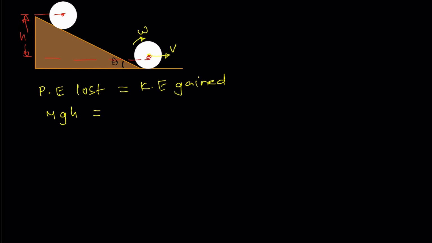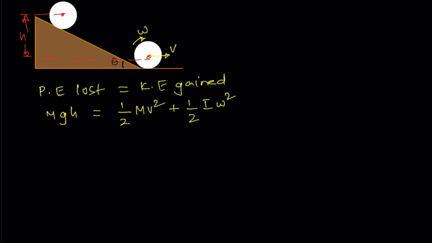What is the gain in kinetic energy? Here you have to be careful. We have two kinds of kinetic energies: translational kinetic energy, which is half mv square, and rotational kinetic energy, which is half I omega square. Here I is about the center of mass axis, so the axis passes through the center of the solid cylinder or the spherical shell.